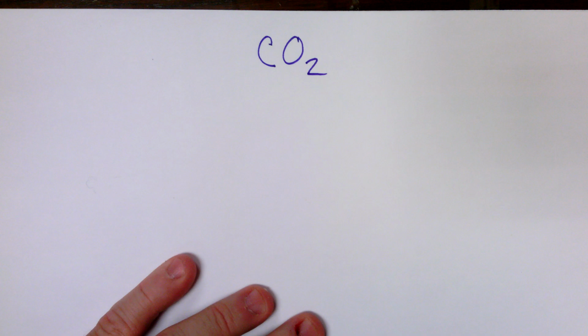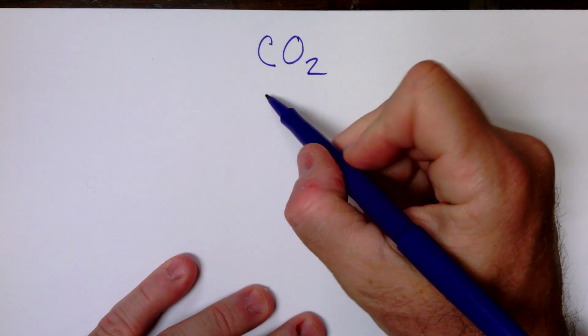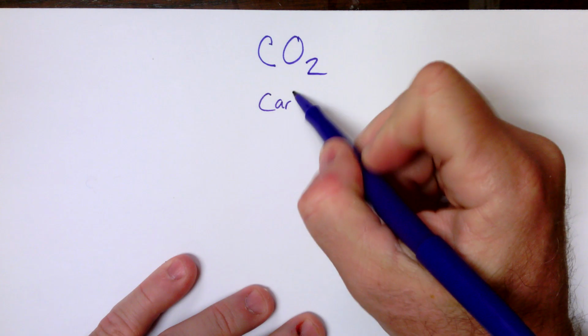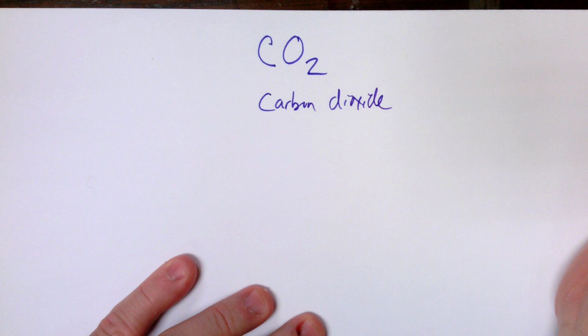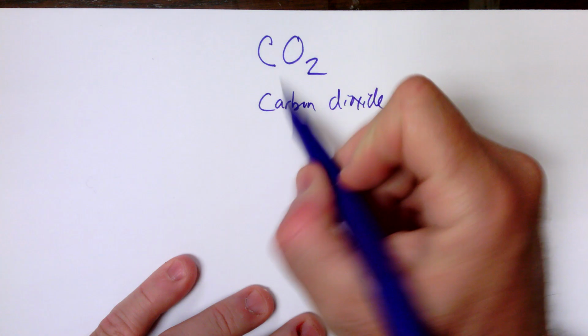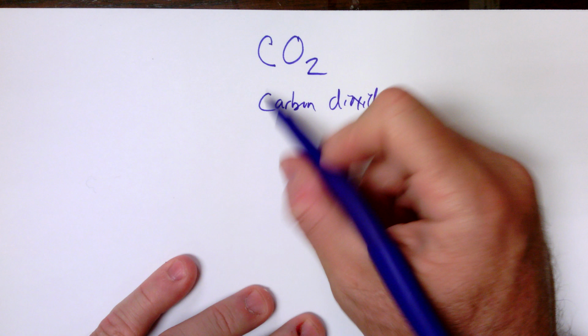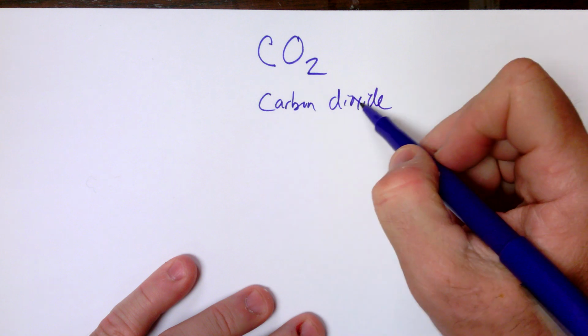Most of you know what that compound is. Say the name. You know that's carbon dioxide. You remember from biology. There's only 1 carbon, so we don't say monocarbon. We just say carbon dioxide.